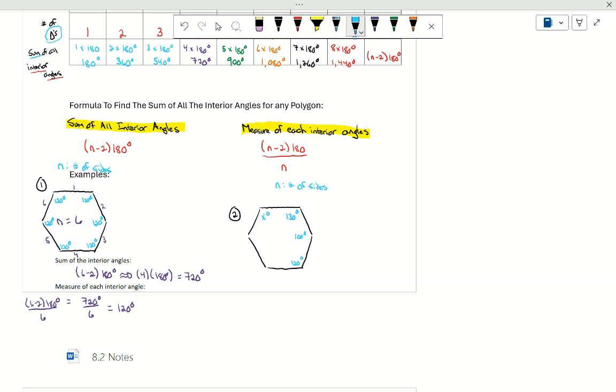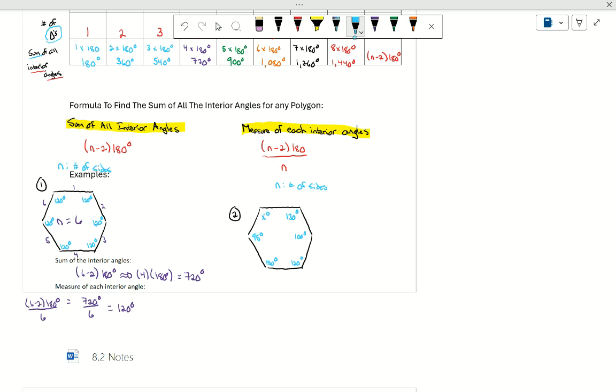At the bottom left, we have a 150 degree angle. And in the middle left, we have a 95 degree angle. I'm going to find the value of x, the unknown interior angle.